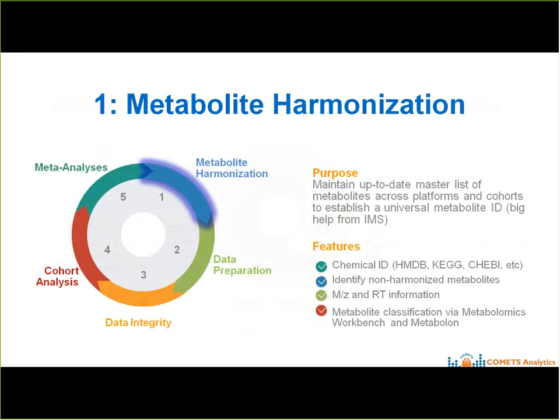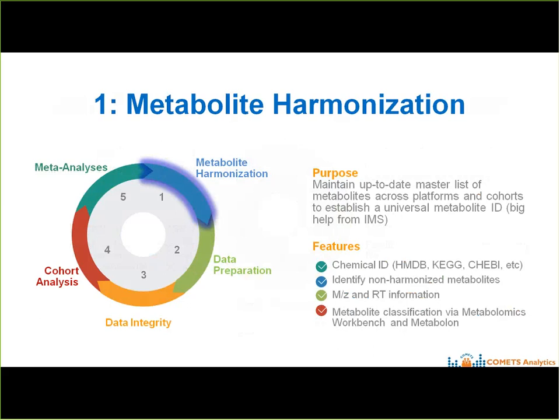So in metabolite harmonization, the first stage of this cycle, as I said, is to maintain an up-to-date master list of metabolites, which is primarily led by IMS. So now it's Nathan Appel who's facilitating this work.